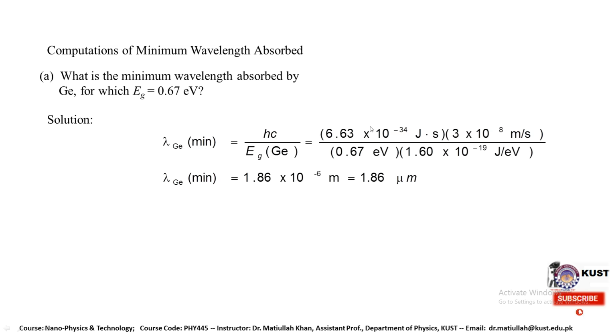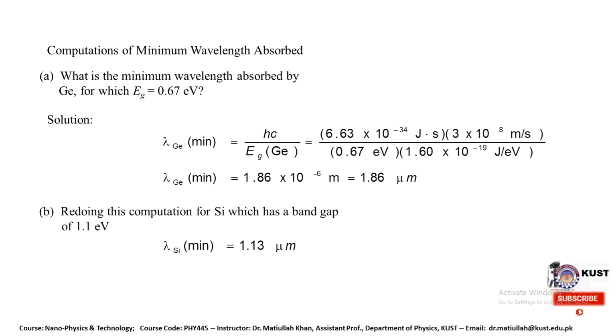Only put in the values, and we can get the threshold wavelength for germanium, which is equal to 1.86 micrometer. Similarly for silicon, the same value can be obtained very easily. We follow the same equation, and the minimum threshold value is 1.13 micrometer.